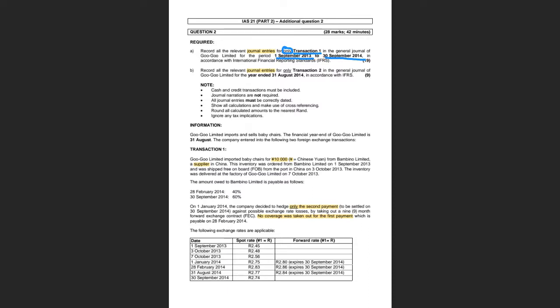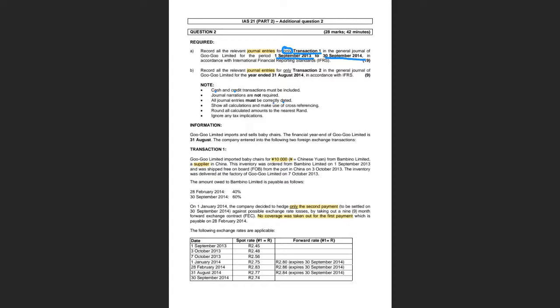Okay, so the note. Let's just read the note because it's important that we go through it. The note says we need to have both cash and credit transactions included in the general journal. We don't need to do any narrations, and the dates are important.